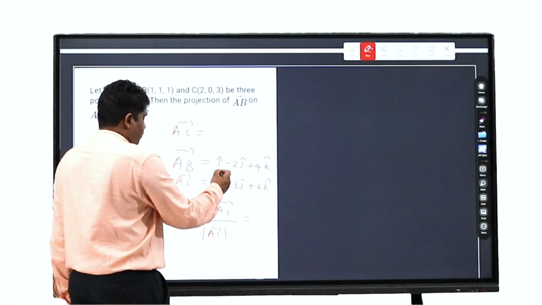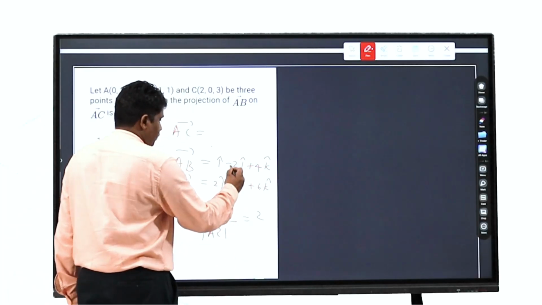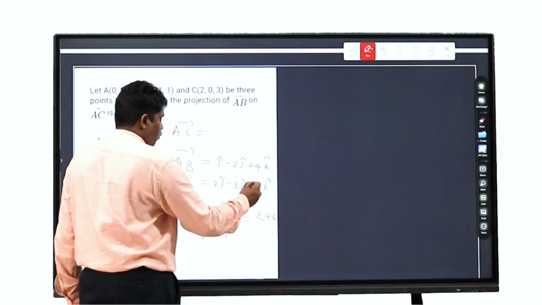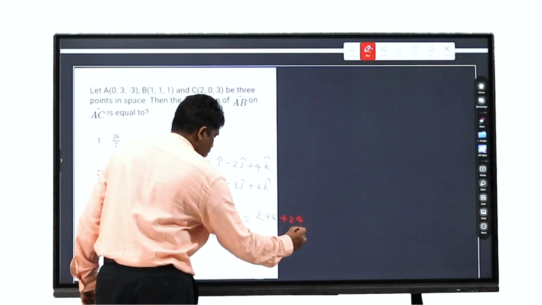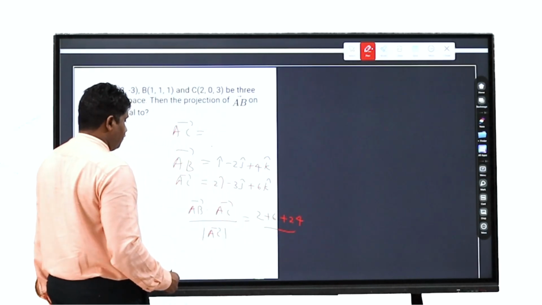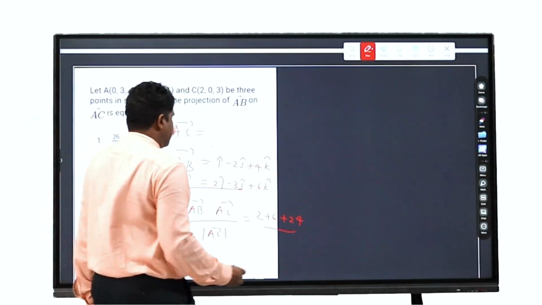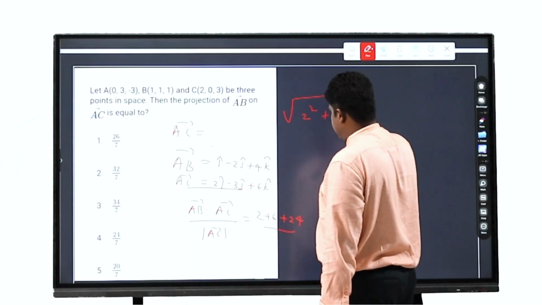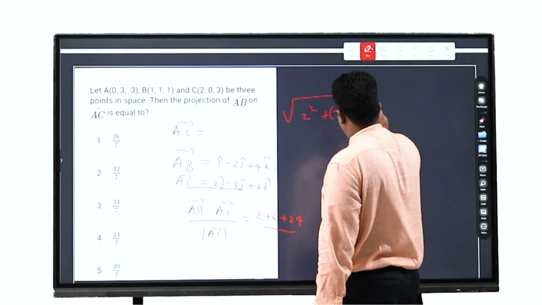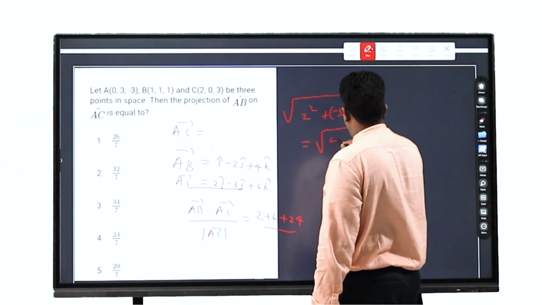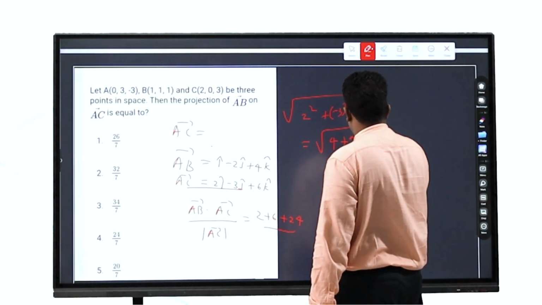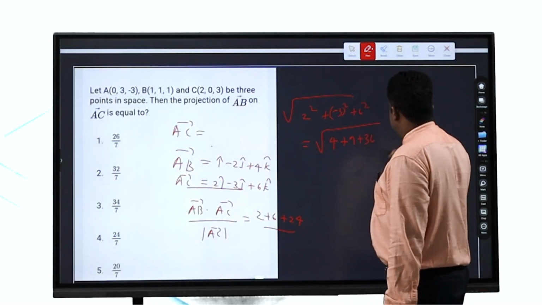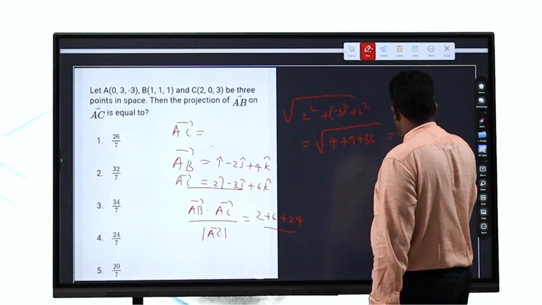The dot product is 1 into 2 is 2, minus 2 into minus 3 is 6, 4 into 6 is 24, whole divided by magnitude of AC. What is the magnitude? Root of 2 square plus minus 3 square plus 6 square, which is root of 4 plus 9 plus 36, which is 49, equal to 7.